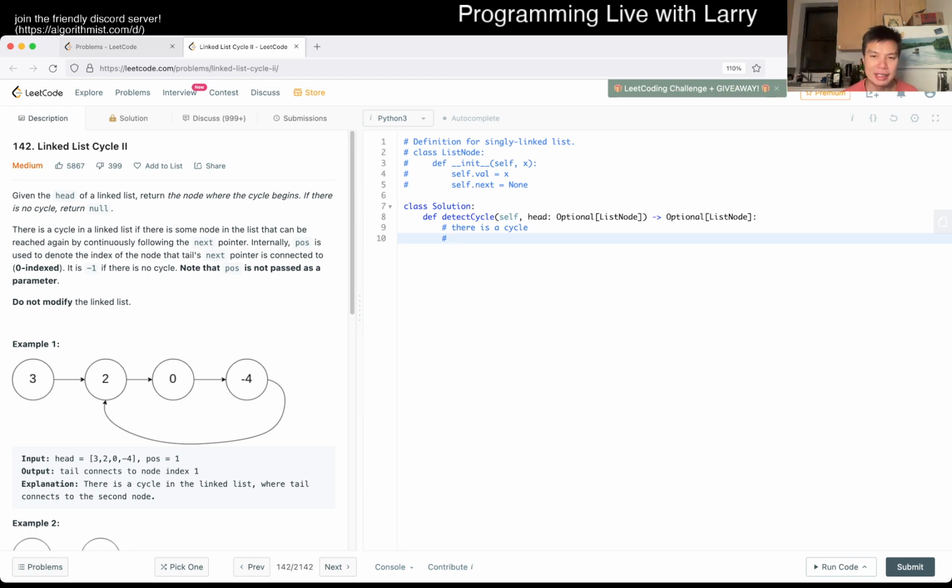So, okay, let's say there's a cycle, right? What does that mean? That means that's the slow pointer. Let's say, how do I want to represent this? Let's say there's two parts, right? Let me bring out Paint again. Hang on.